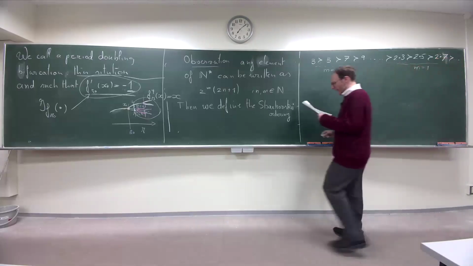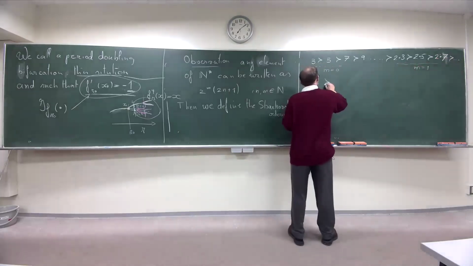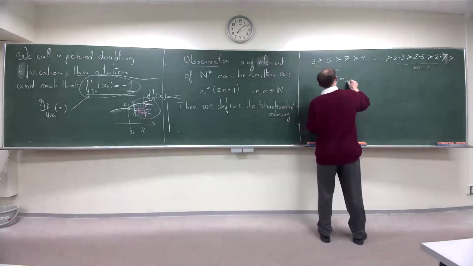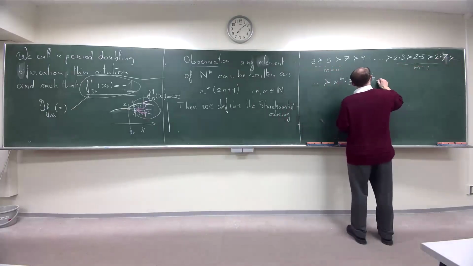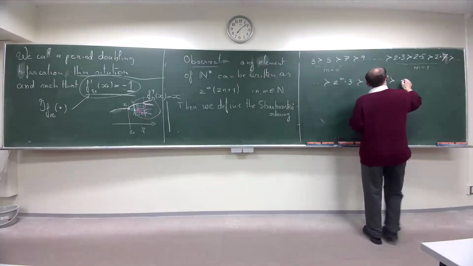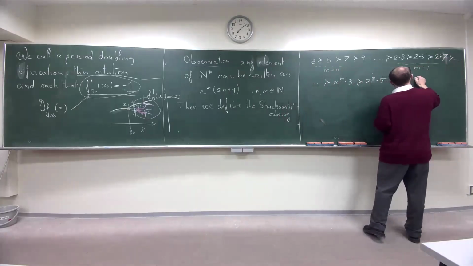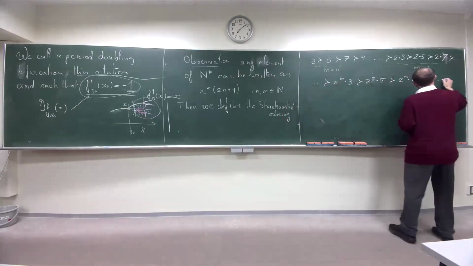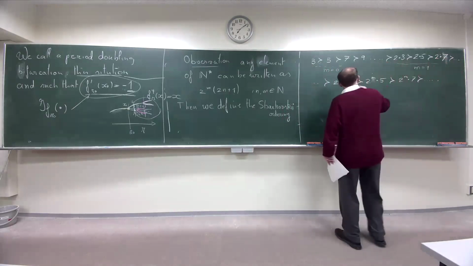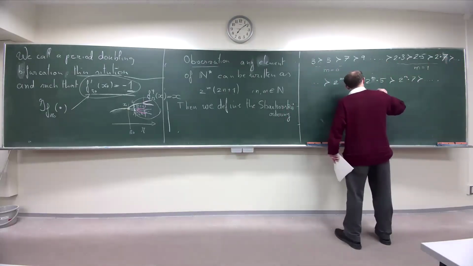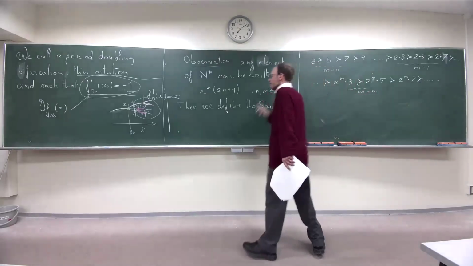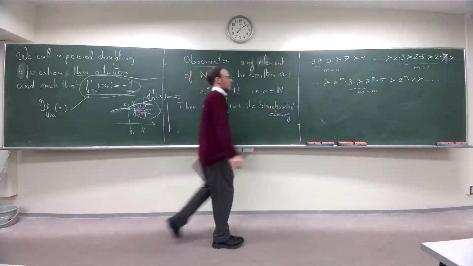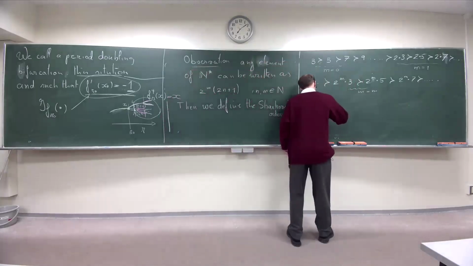Then you continue. And then you have 2 power m times 3, 2 power m times 5, 2 power m times 7, and you continue. This is for m equal to m. And you continue. And you just miss some numbers. Wait, let me finish my sentence.